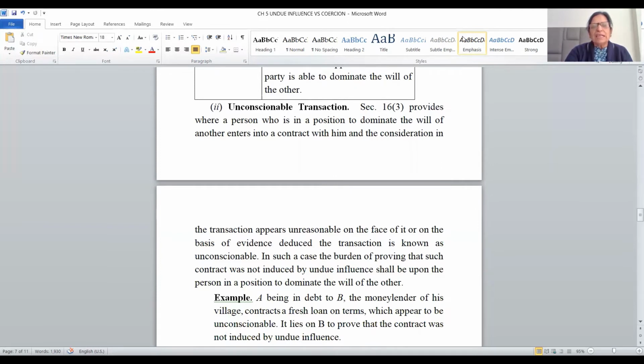In such a case, the burden of proving that such contract was not induced by undue influence shall be upon the person who is in a position to dominate the will of the other. So here, friends, the weaker party has to prove that her consent was not free, it was caused by undue influence. All these presumption cases, the burden of proof lies with the weaker party.